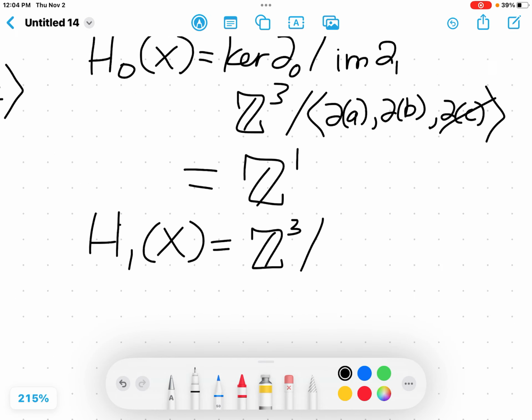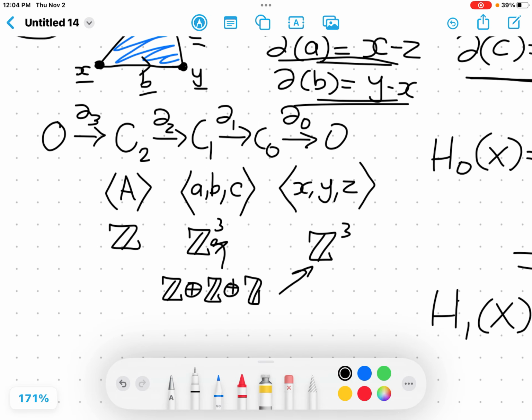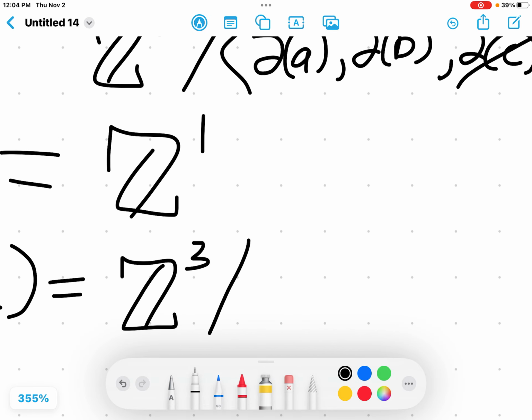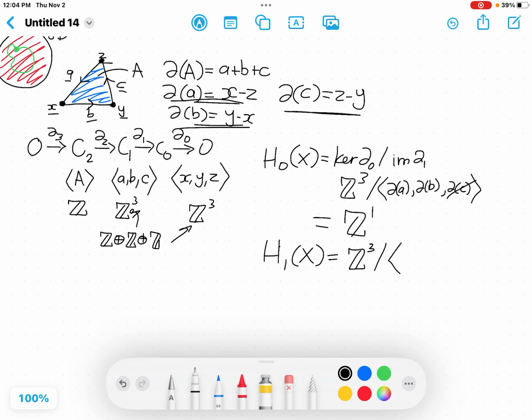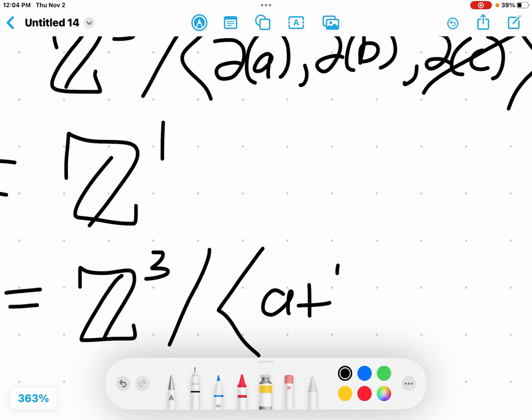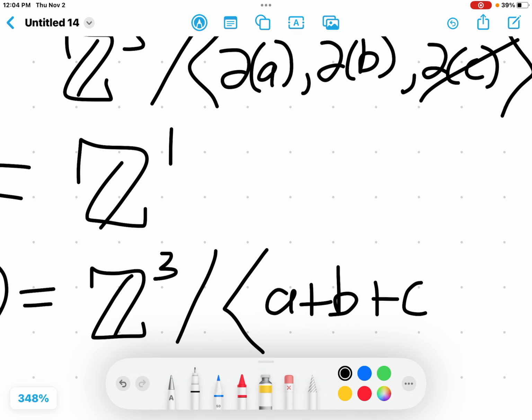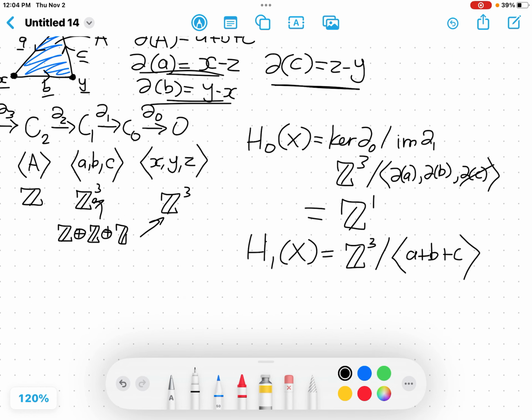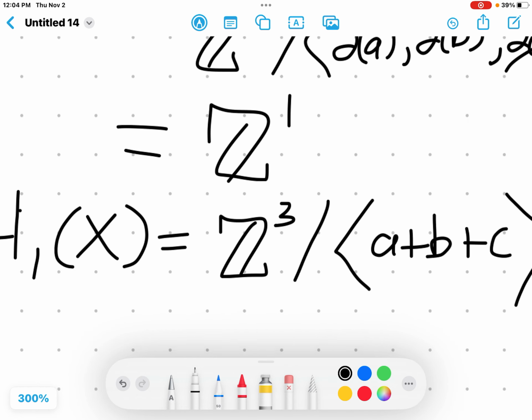Oh, wait. Sorry, this is del 2. I mean del 2. What's the image of del 2? Well, it's just 1 here. So it's generated by one element, A plus B plus C. And no, the entire thing is not sent to.